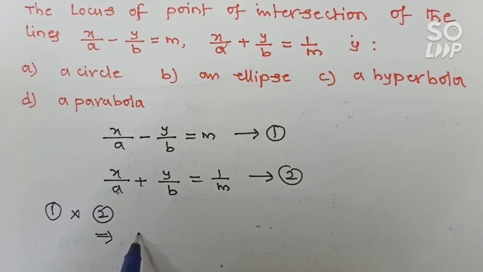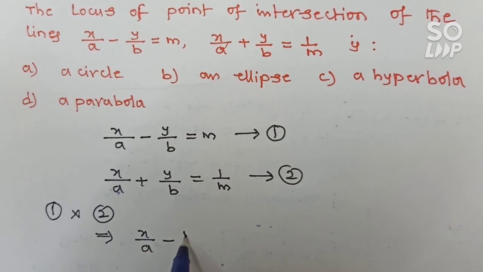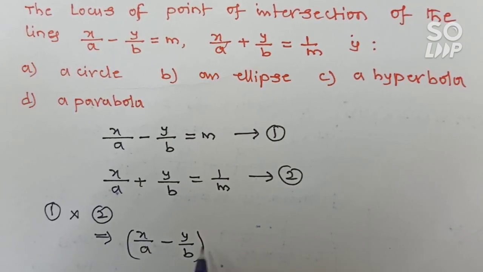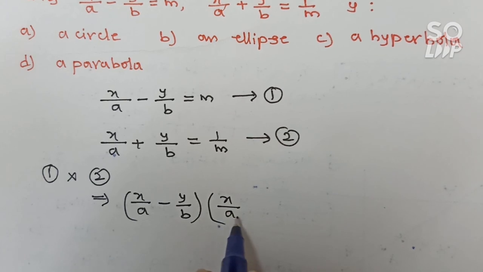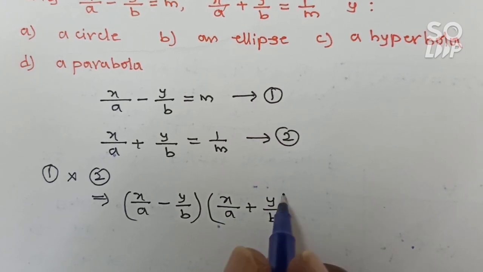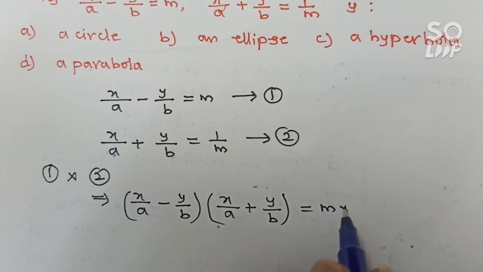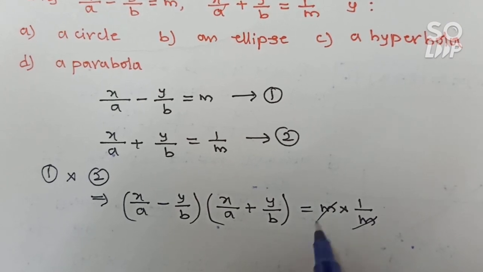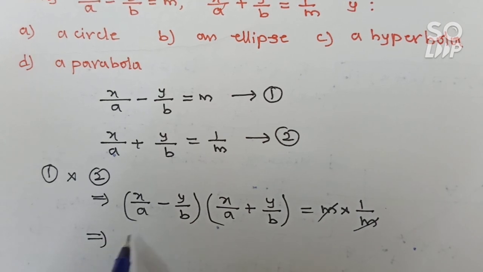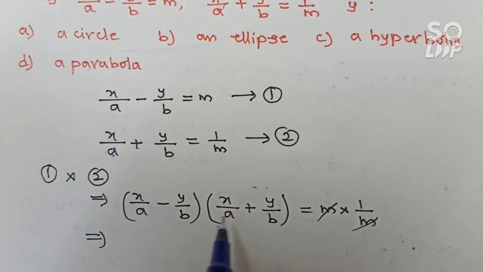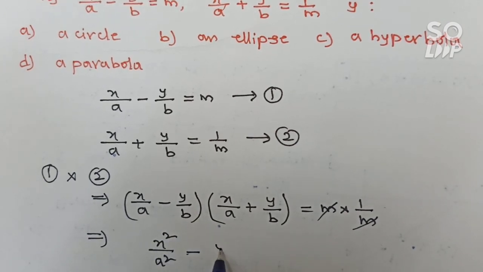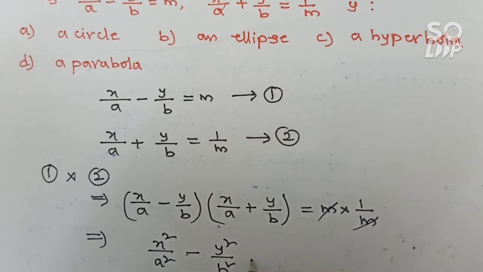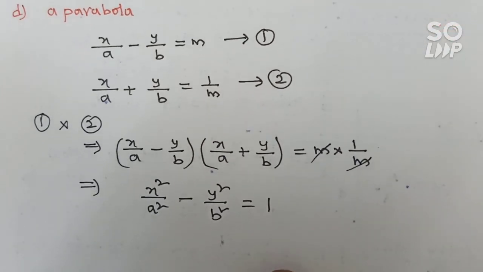That implies x by a minus y by b into x by a plus y by b is equal to m into 1 by m. So here m and m cancel. Now the left hand side expression is of the form a minus b into a plus b, that is a square minus b square. So x square by a square minus y square by b square is equal to 1.